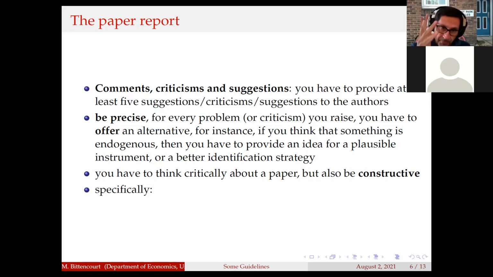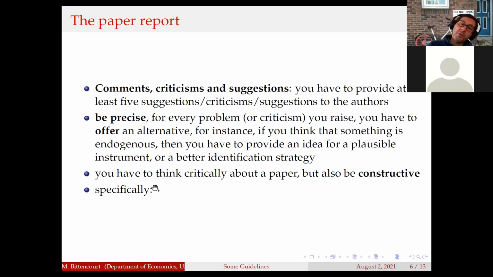So you raise a criticism, but you also provide the author an idea for them to come up with a solution. Then you have to provide an idea for a plausible IV or a better identification strategy so that they can circumvent somehow the problem of endogeneity.